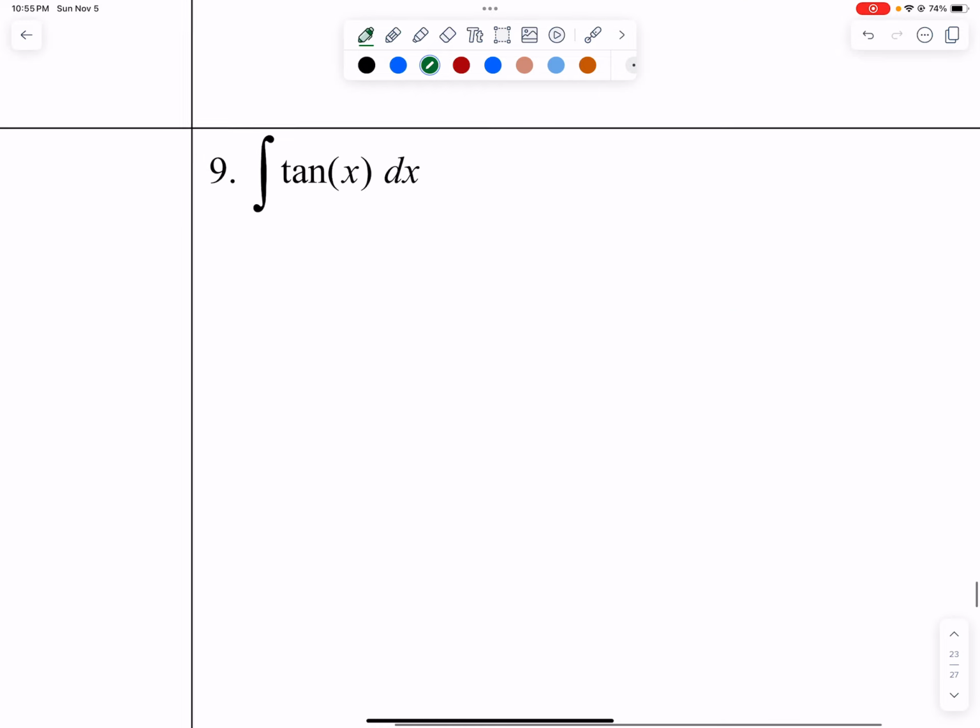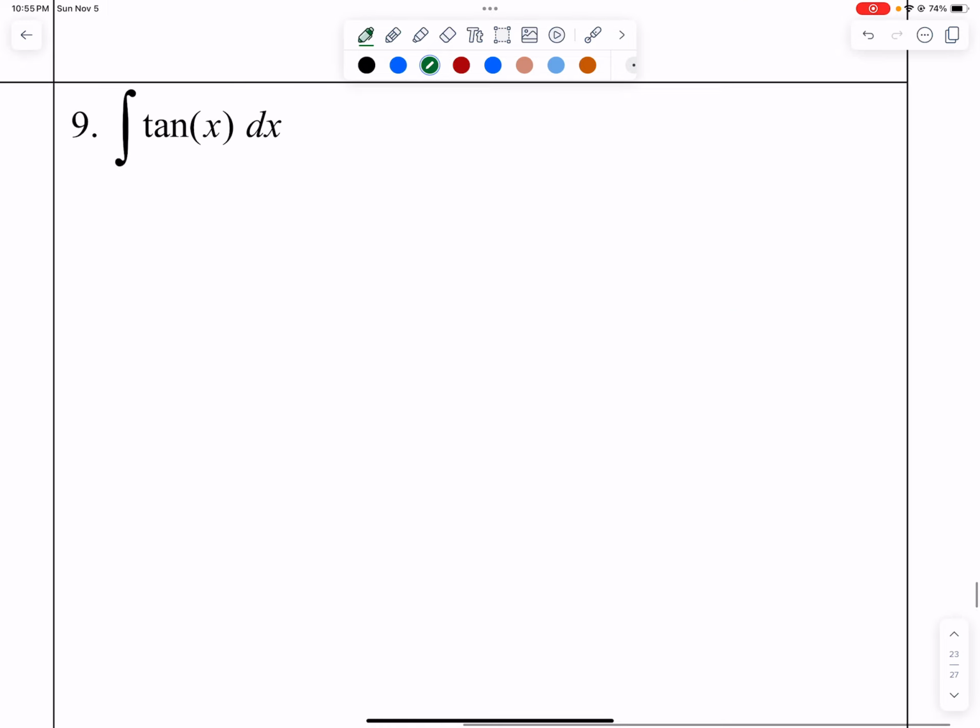All right, so something like number 9 here, where we have the integral of tangent x. We don't know anything about tangent. However, we do know that I can rewrite tangent to be sine of x over cosine of x dx. Once again, you probably want to figure out what your u and du is.